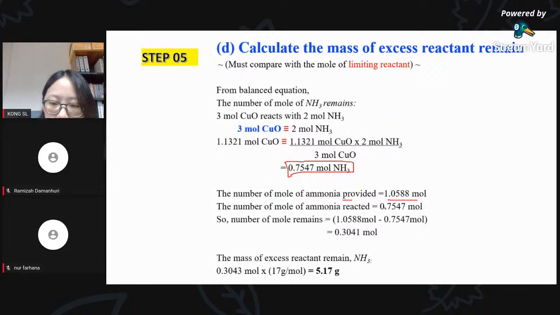Reacted is 0.7547. So the excess provided minus the reacted one, you get 0.3041 mole of ammonia remaining. If the question asks about mass, you need to times molar mass 17, so you get the answer.